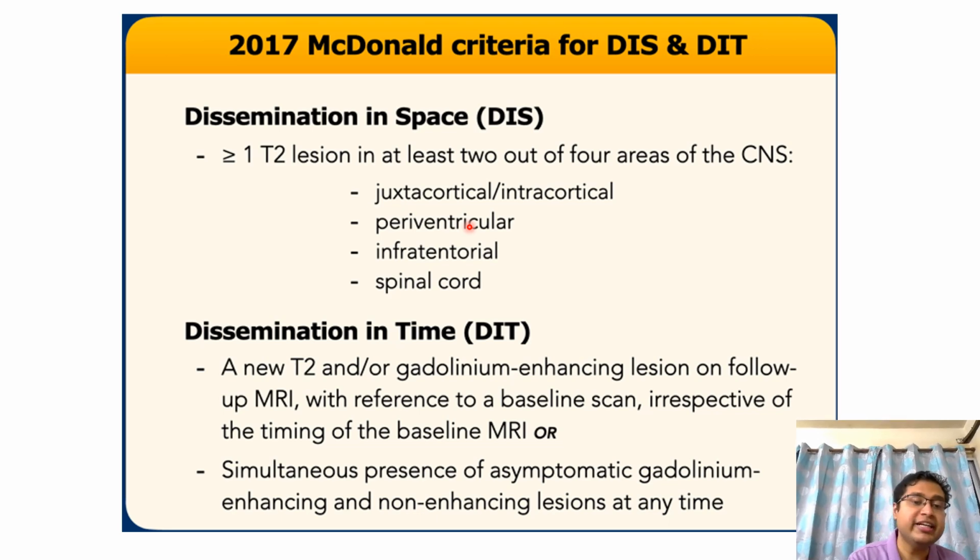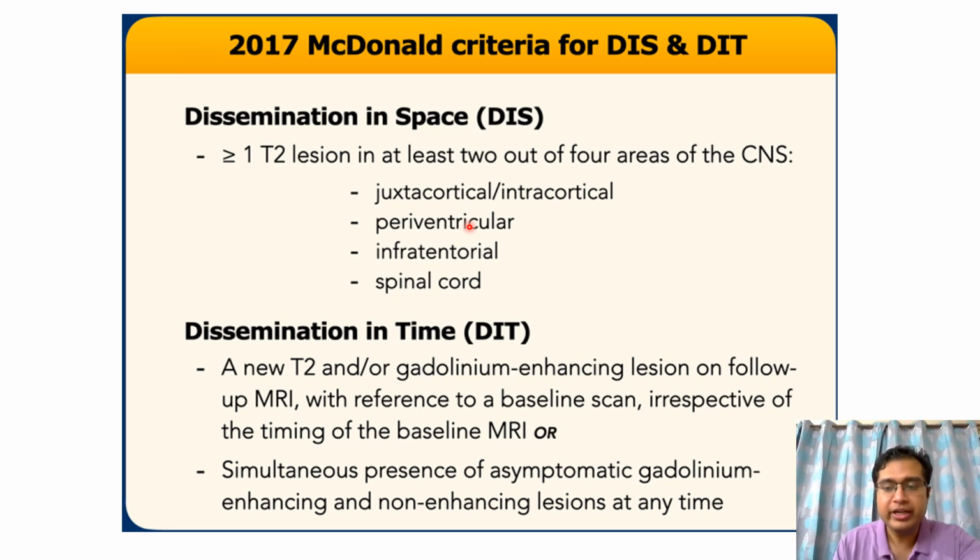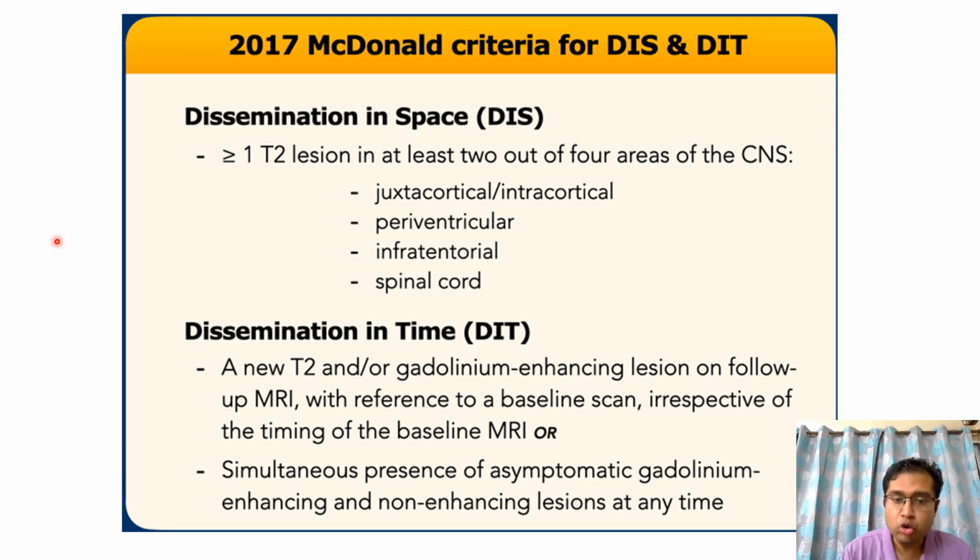Coming to the dissemination in time criteria. In dissemination in time, a new T2 hyperintense lesion or gadolinium enhancing lesion on follow-up MRI with reference to the baseline scan, irrespective of the timing of the baseline MRI, or a simultaneous presence of asymptomatic gadolinium enhancing and non-enhancing lesions at the same time in one scan is suggestive of dissemination in time.